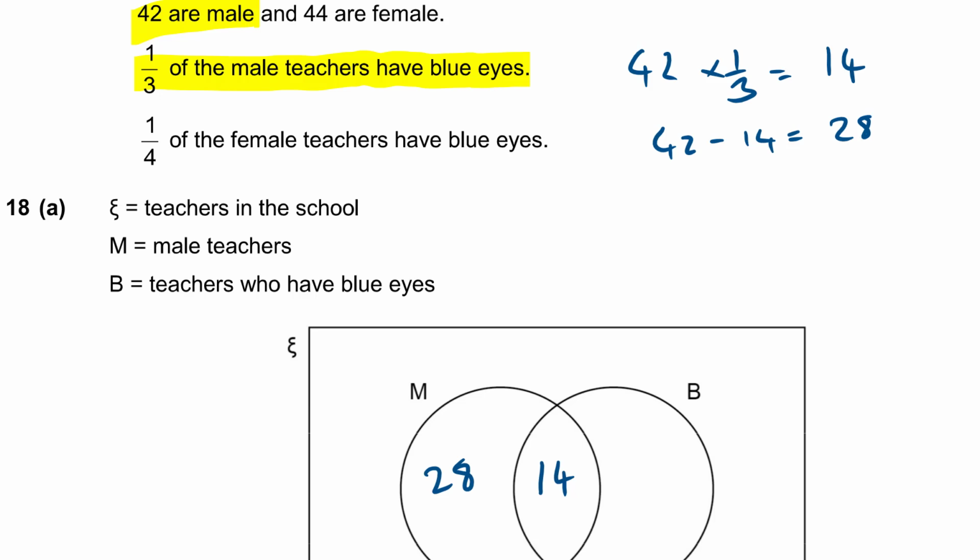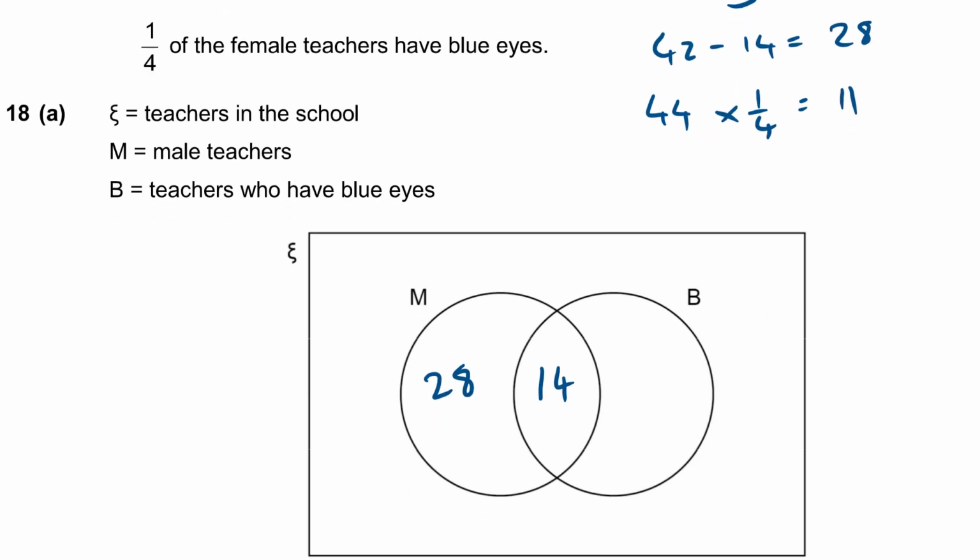1/4 of the female teachers have blue eyes. How's that going to help us? Oh, okay, that tells us the number who are in B and not in M. We know there are 44 female teachers, and 1/4 of that would be 11. So that is that one there. So 11 teachers have blue eyes and are not male. And now we can work out what's left.